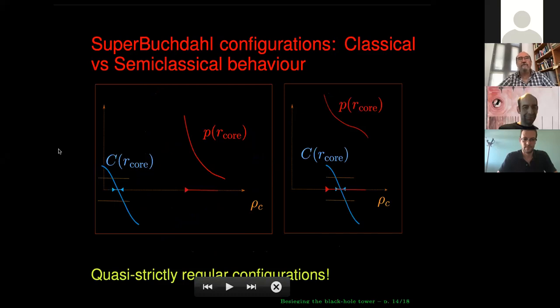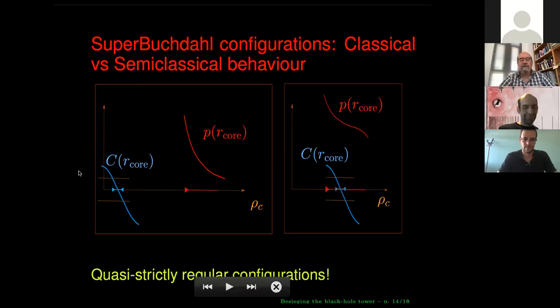And what I want to stress, this is probably the most important point in this talk, is that there is a completely different behavior of the classical and semiclassical equations when trying to build a SuperBuchdahl configuration, meaning an ultracompact object, in which the surface of the object is very close to where a horizon would be formed.